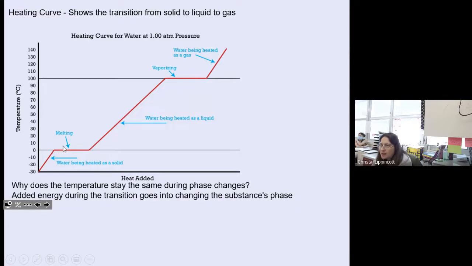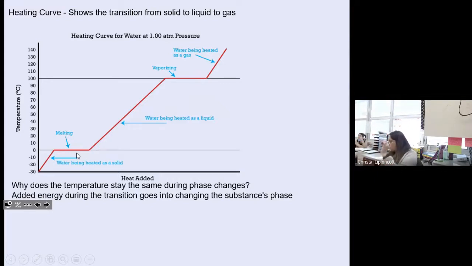Why? We're adding heat in. You had it on the hot plate. What's happening to those molecules in here? What is the difference between a solid and a liquid? What are we studying in this chapter? IMFs. So what is happening during that phase change? Yes, exactly.